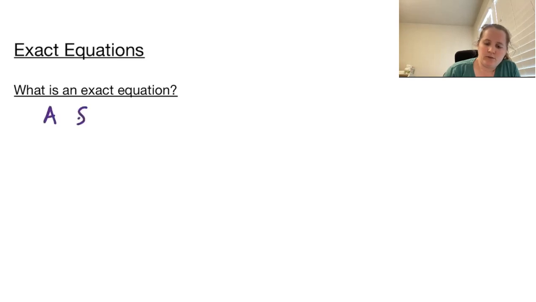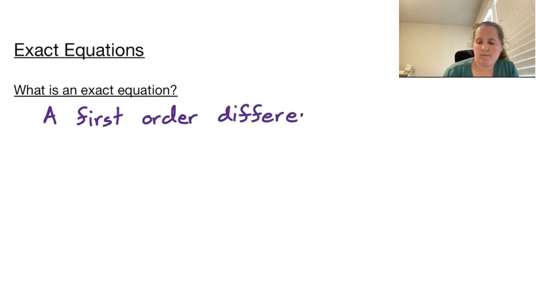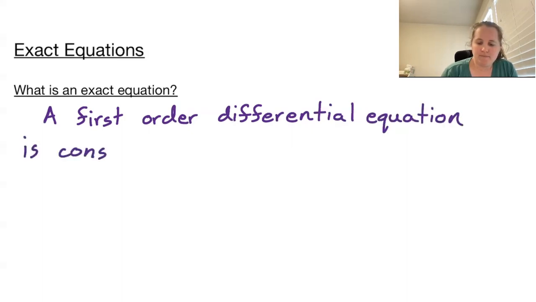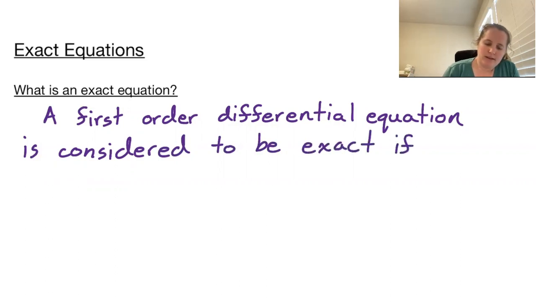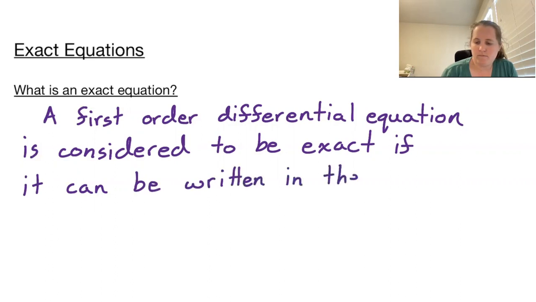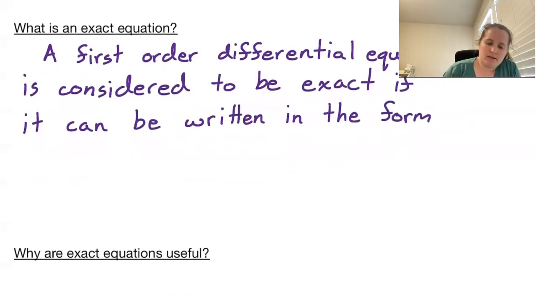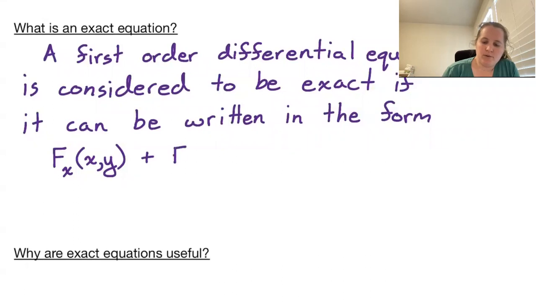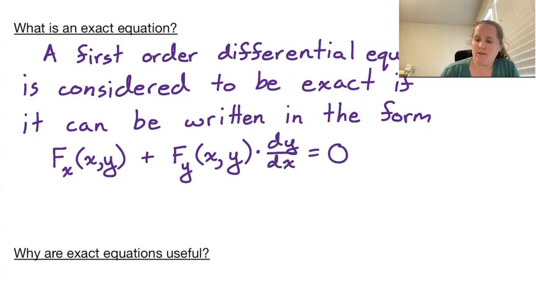A first order differential equation is considered to be exact if it can be written in the form: the partial with respect to x of capital F evaluated at (x,y), plus the partial with respect to y of capital F evaluated at (x,y), times dy/dx, or times y prime, is equal to 0.